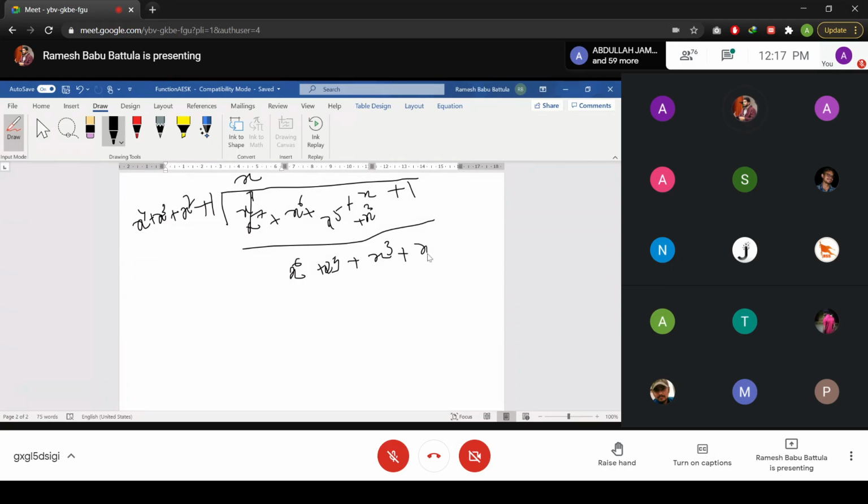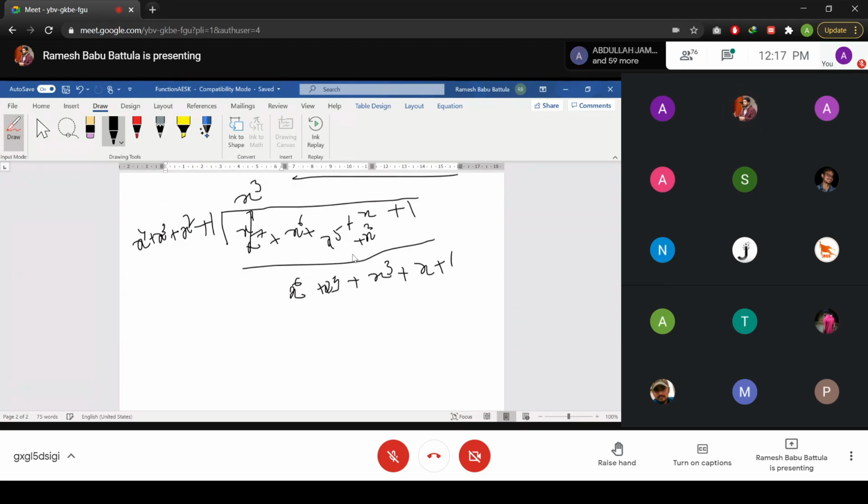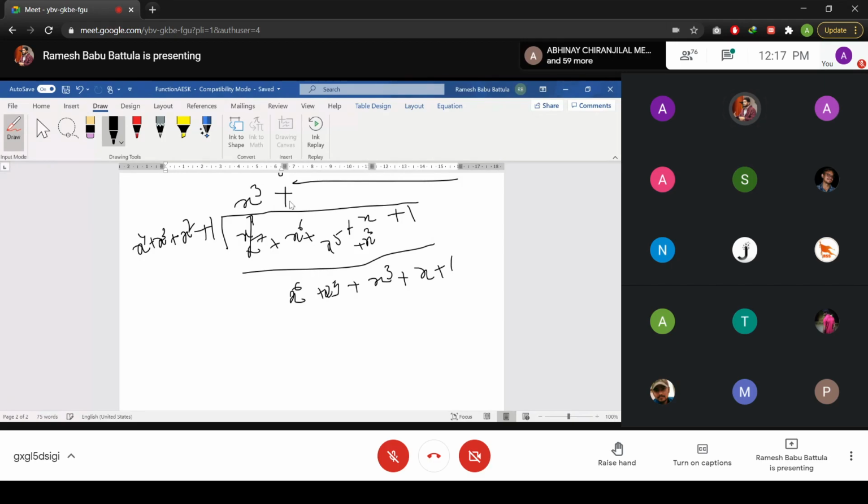plus x plus 1. Again, how many times is it going to be? x square times. Then here x to the power 6 plus x to the power 5 plus here x to the power 4 plus x square.